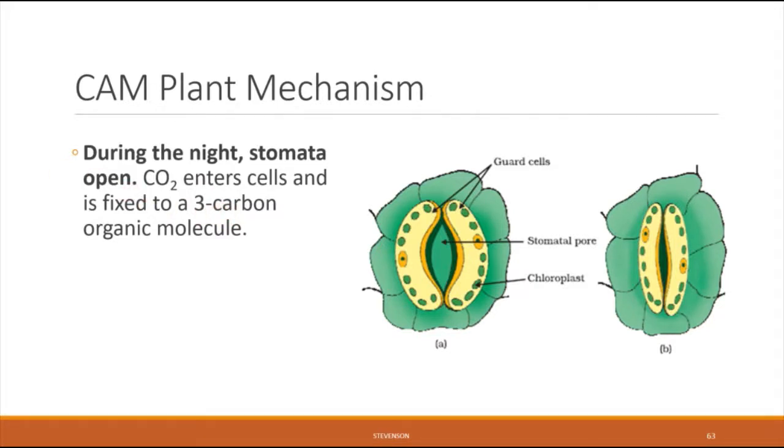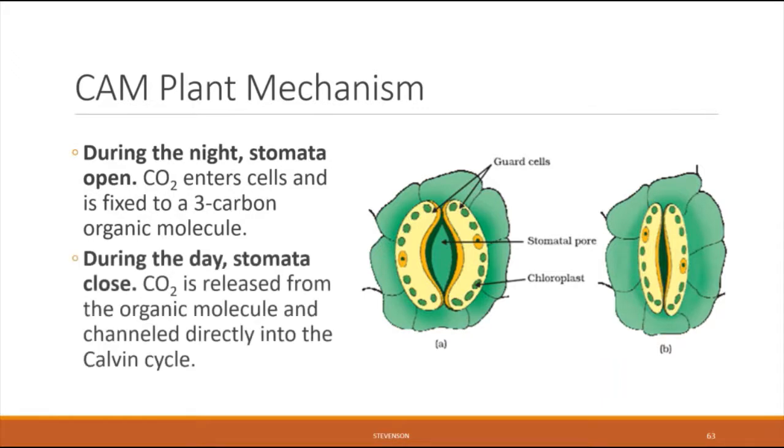During the day, when it is hottest outside and they are most at risk of losing water from evaporation, they shut their stomata, and then they release the CO2 that has been collected throughout the night and channel it directly into the Calvin cycle so that, again, Rubisco can stay on track. It doesn't get confused by the fact that there's a lot of oxygen around, because there isn't. There's a much higher ratio of CO2 than there is oxygen.